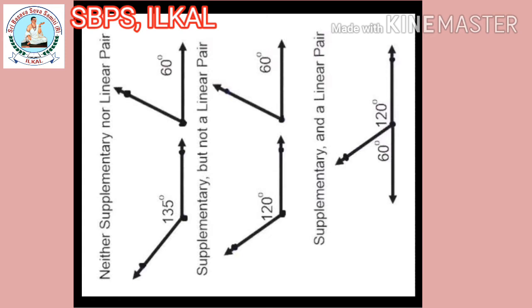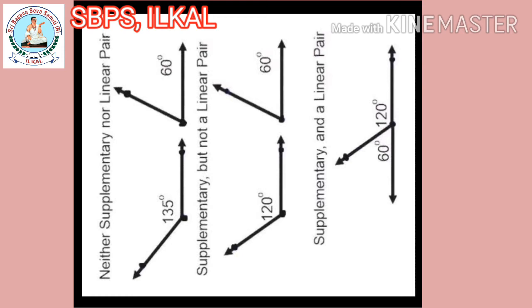They said that the given two angles will form a supplementary as well as we can call it as a linear pair because 60 degree plus 120 degree together form 180 degree, and a linear pair means adjacent angles together, if they form 180 degree then we can call it as a linear pair, which is nothing but it should be a straight line, two adjacent angles together.